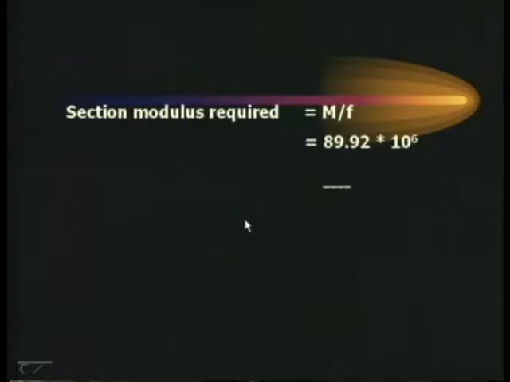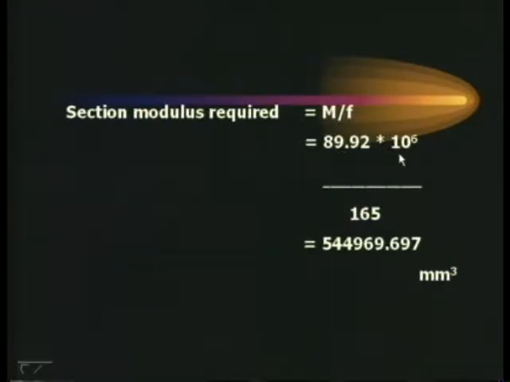And now, according to the bending moment you have calculated, you have to make an estimate of the section modulus required. How do you get that? That is the bending moment divided by the allowable stress. Which sort of stress is it? Bending compressive stress. That is sigma BC, or you can call it F also.